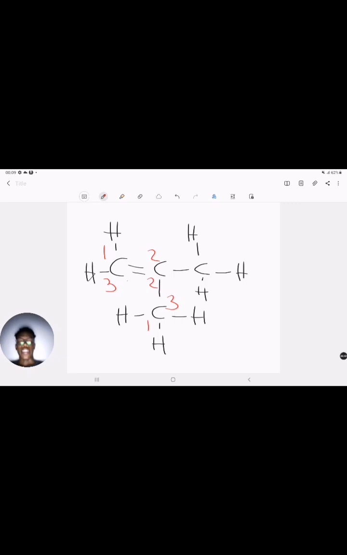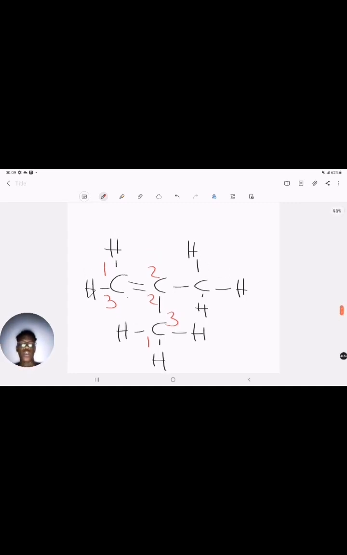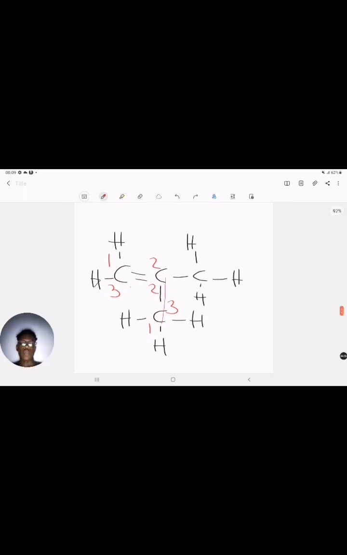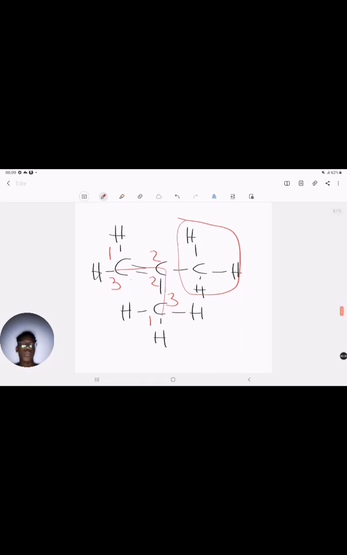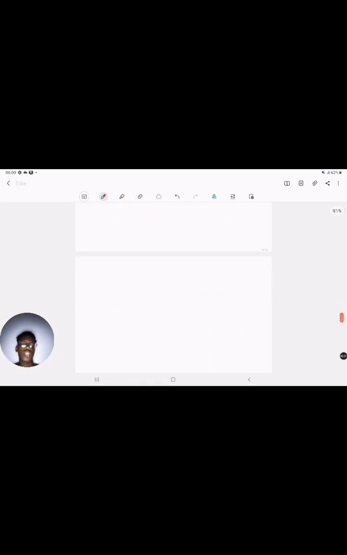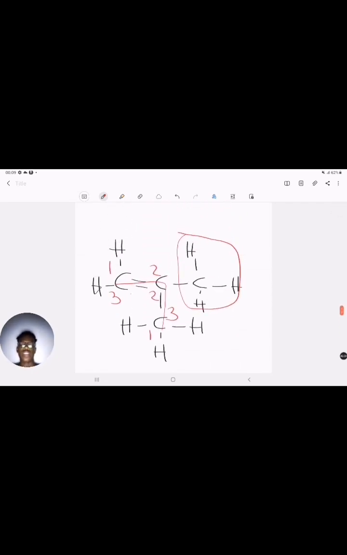I'm going to number it like that. And then what am I going to do? I identified my longest chain as that one. This is my chain. What is attached to my chain? Well, this is not part of the chain, which means that it is attached to my chain, right? Since it is attached to my chain, what is it? What is this thing that is attached to my chain?